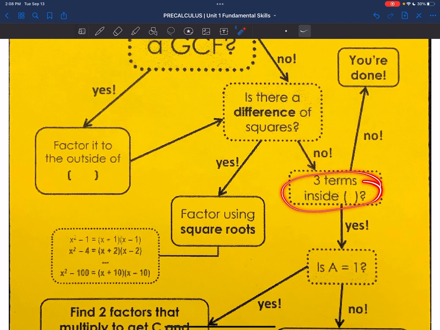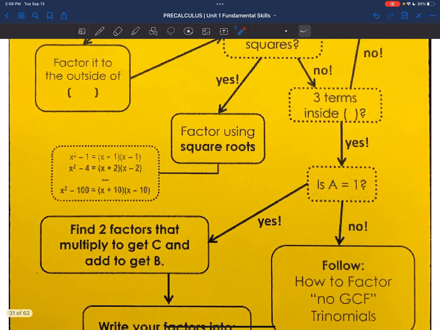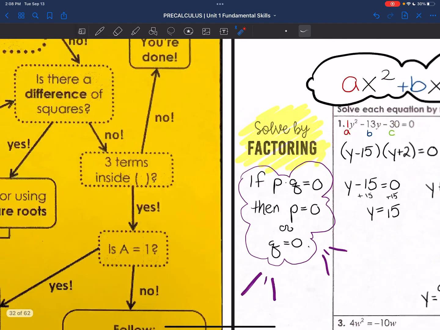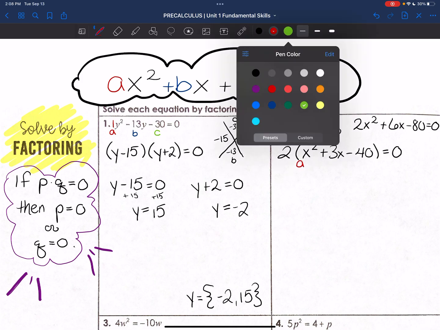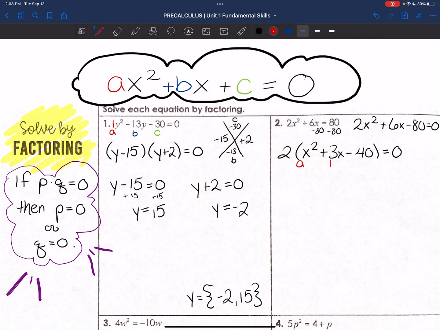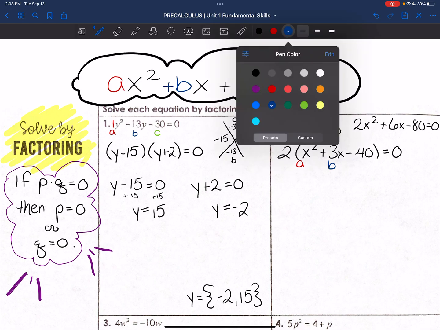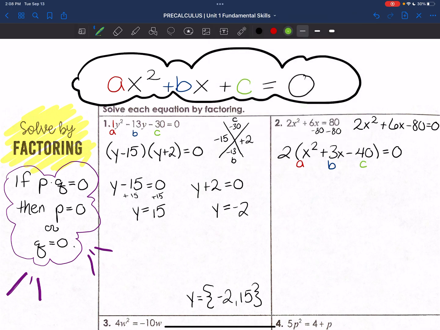Because there's 3 terms inside, we ask ourselves, is our a value equal to 1? Well, let's go ahead and label it and see. We've got our a, which is the value in front of the x squared, and then your b, and then last of all, your c value. What is the value for a?